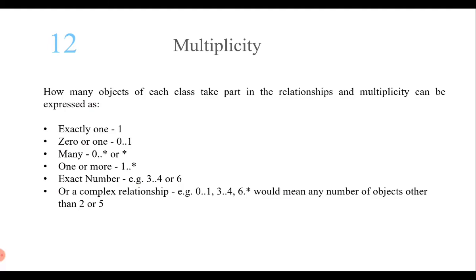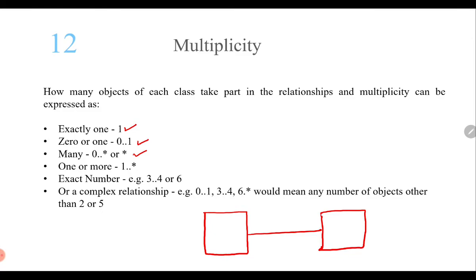Another important concept is multiplicity, which means how many objects of each class can take part in the relationship. Multiplicity can be represented as only one, 0 or 1, 0 or many, or one or more, or many. Suppose there are two classes connected to each other via simple association.